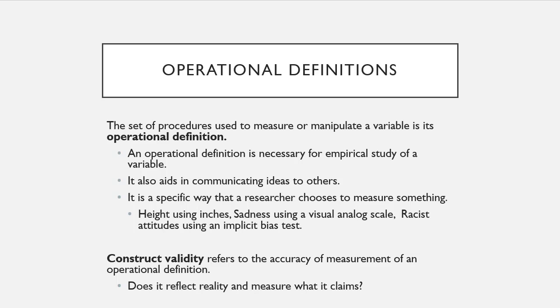Think of a variable like sex. What is your sex? We could use a couple of different operational definitions of sex. We could use an operational definition that says you are going to report your external sexual genitalia in terms of what sex you are. We could also define sex as the types of chromosomes that you have.